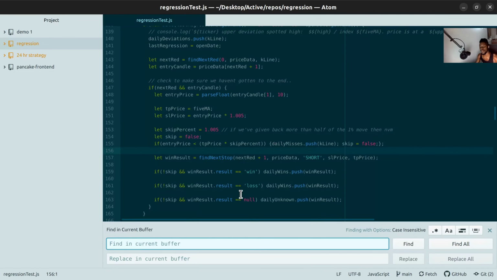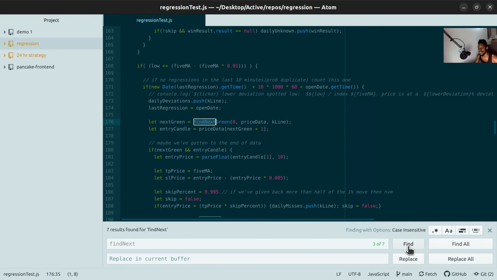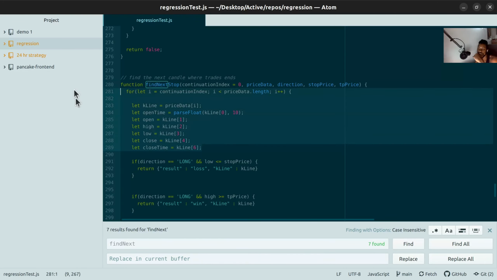That's the function that, Unix stop. Find next candle where trade ends. Remember, that's a useful comment.